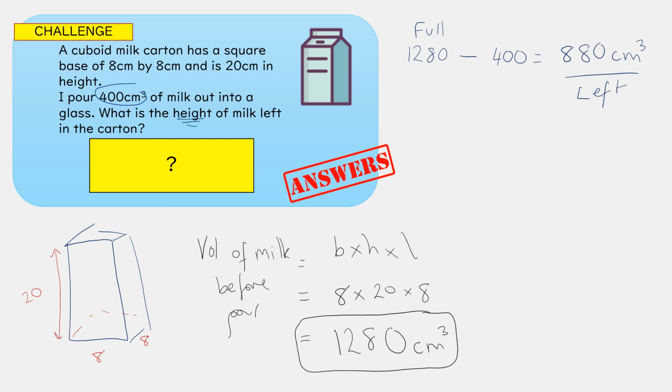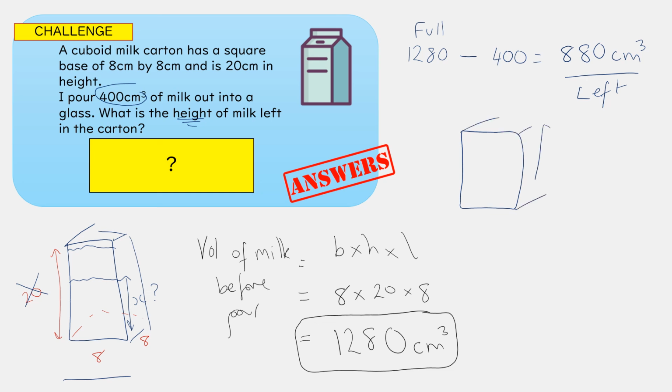Let's have a look at our milk carton again. The height is no longer 20 centimetres because the milk started off at the top, but 400 has now come out. Let's say that's there, and we've got this new height. I'm going to call it x because I don't know what it is. I'm going to draw that over here.